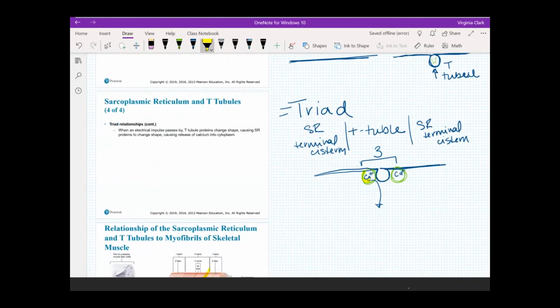So the whole reason we have these triads is when we're actually going to have a change in our electrical impulse. This whole process will eventually go through these steps that we're going to talk about a little bit later and release calcium. We need calcium inside our muscle fiber in order to contract. A triad with the T-tubule and the two terminal cisterns of the sarcoplasmic reticulum allow that to happen.